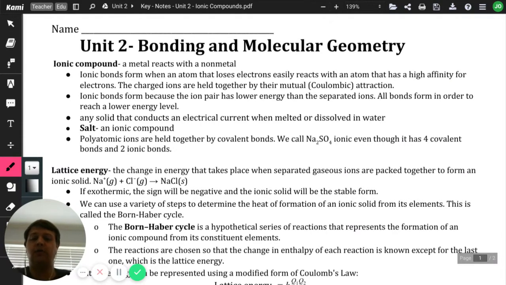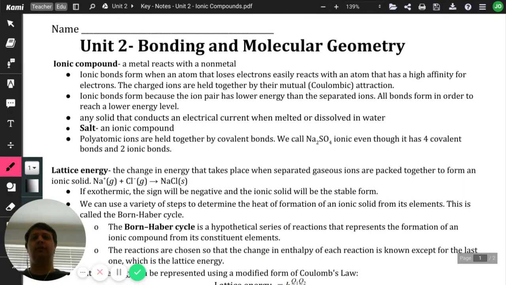Now, ionic bonds are going to form because that pair has a low energy that separates the ions. Those bonds are going to form because they're basically trying to reach a lower energy level. Now, I don't necessarily mean dropping down to a lower energy level in terms of our quote-unquote electron cloud.